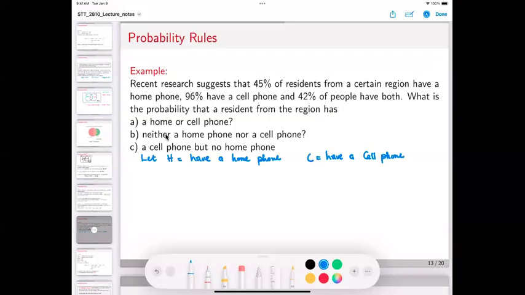So we draw two circles. Before we draw two circles, we can see that the probability of H is equal to what? What's the probability of having a home phone? 0.45.